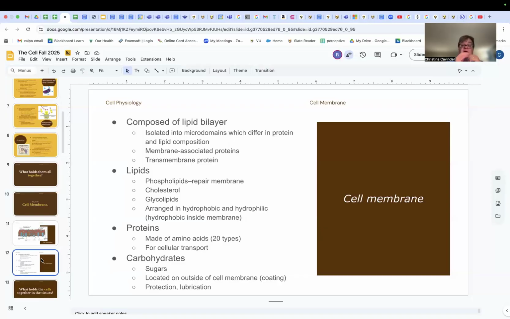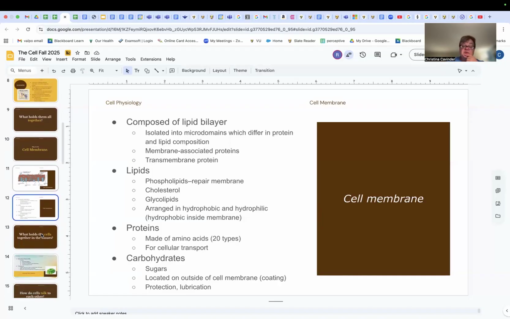Hydrophobic is on the inside, and hydrophobic means it doesn't do well with water, so it sits on the inside keeping the membrane together. The hydrophilic, which does like water, is on the outside, so water can be there, but it doesn't cross the membrane very easily.